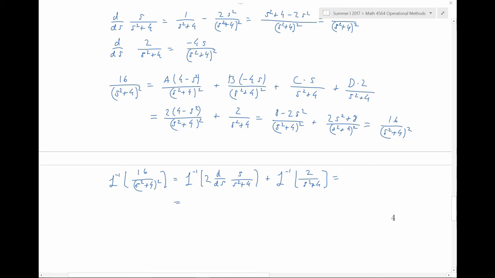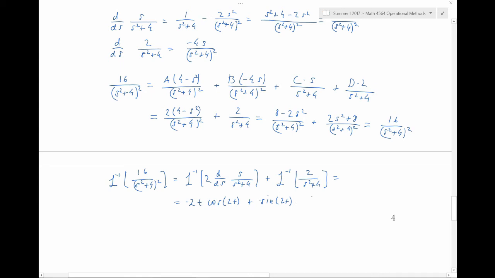Well, when we take a derivative, that means we're multiplying by negative t. So this is going to be minus 2t times cosine of 2t plus sine of 2t.